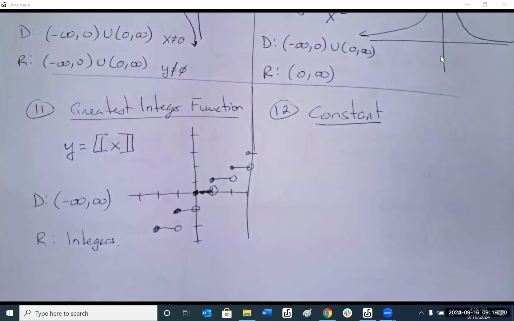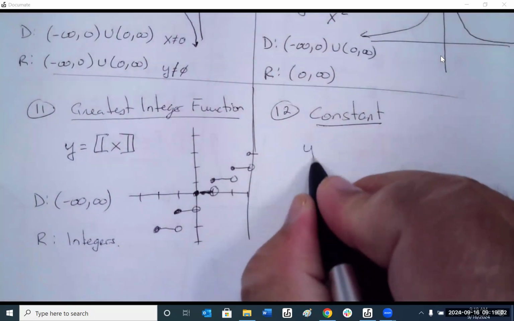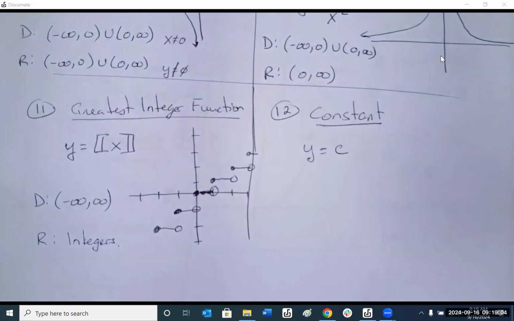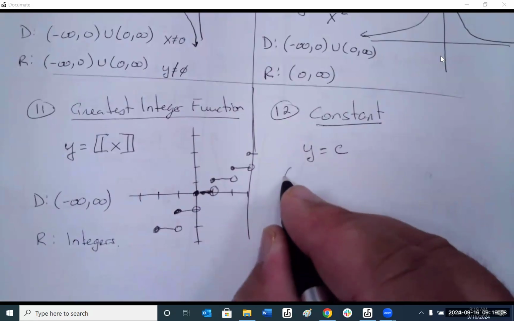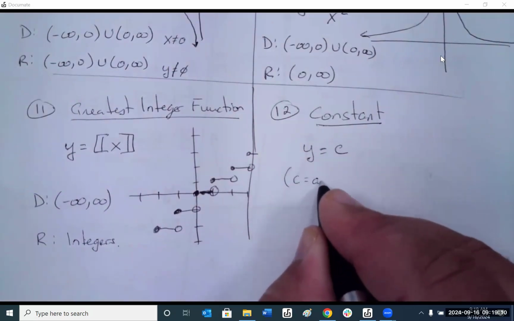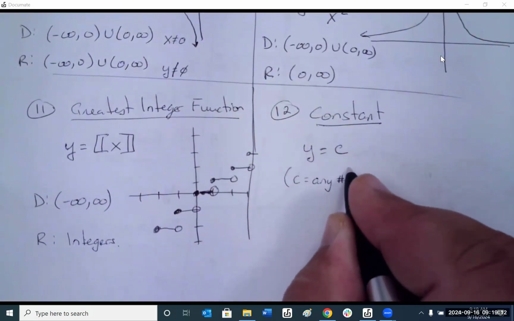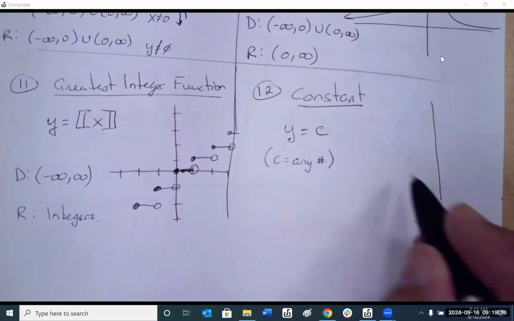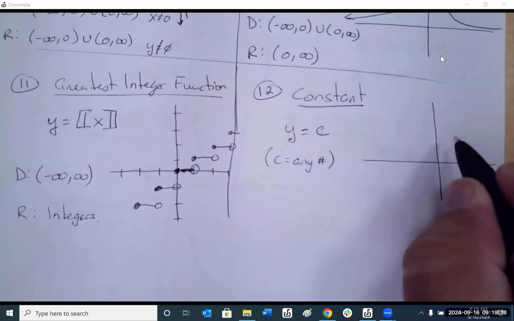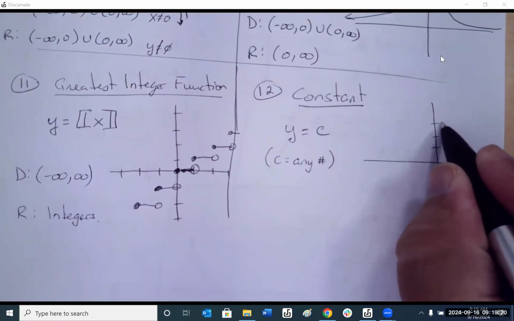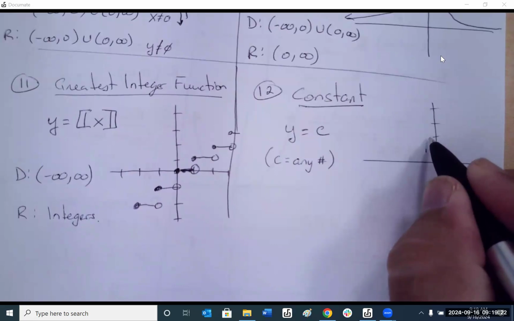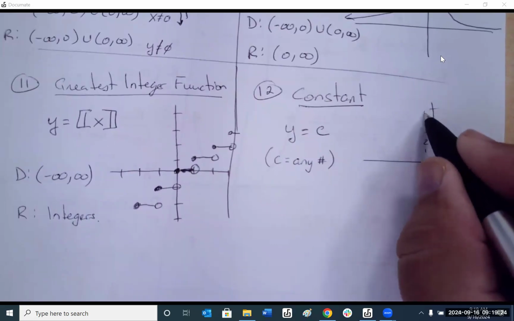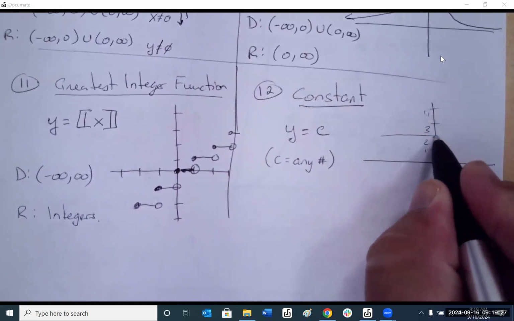Then we have a constant function, where C is any number. So let's say we had C equals 2.